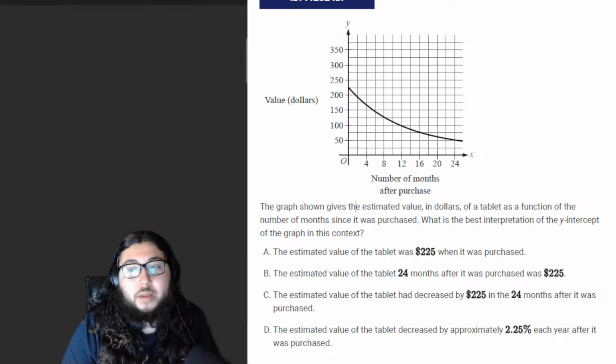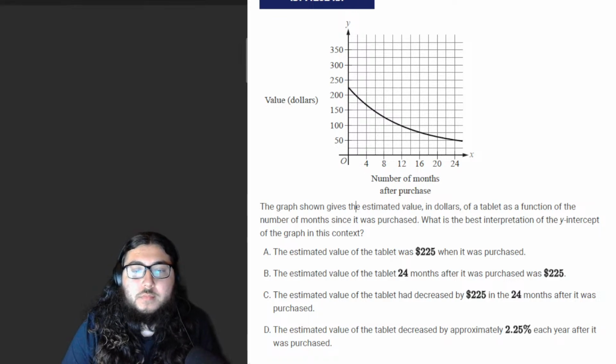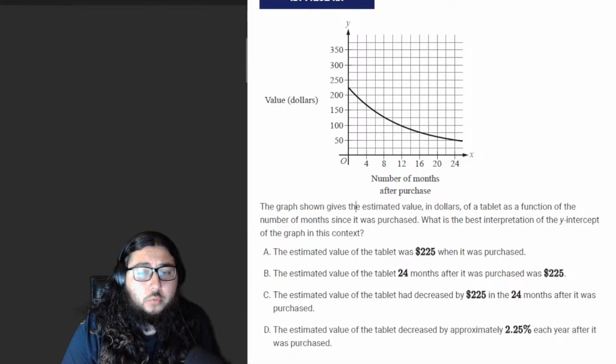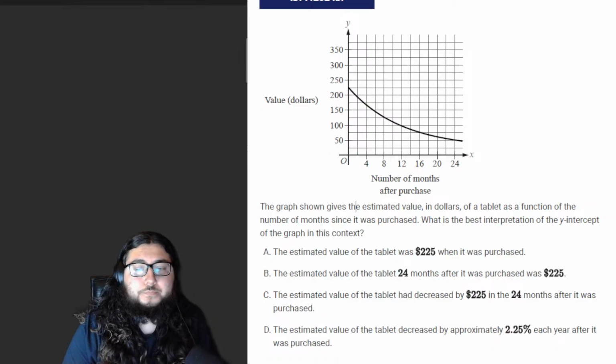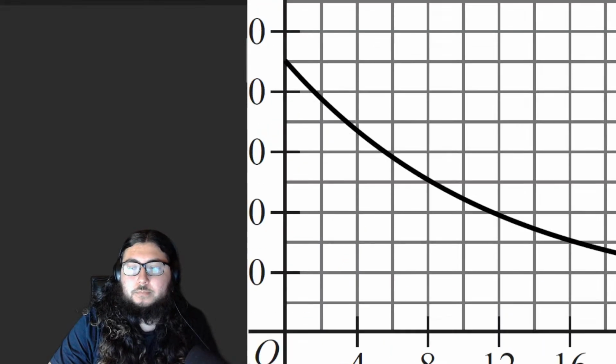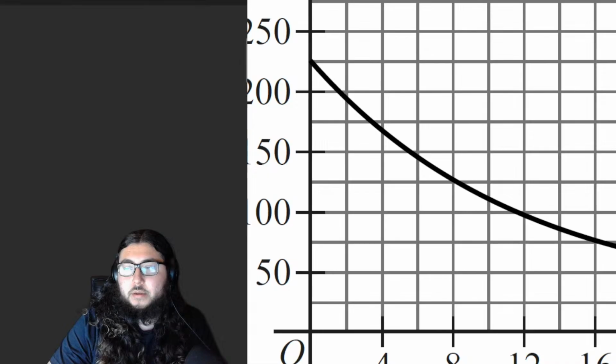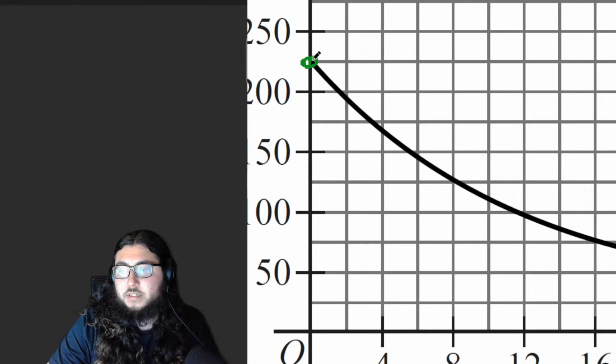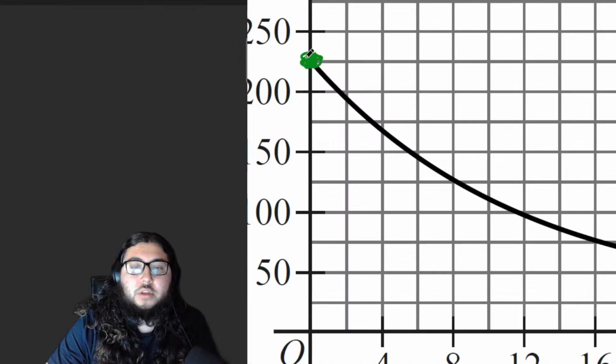So, as I was saying, you can think of the y-intercept as an initial value. So the best interpretation here is the estimated value of the tablet was $225 when it was purchased. But for that, you'd have to recognize or know what the y-intercept is. So this point right here, and I'll zoom in on it. This point right here is the y-intercept. It's the point at which the graph intercepts, or in other words, touches the y-axis.